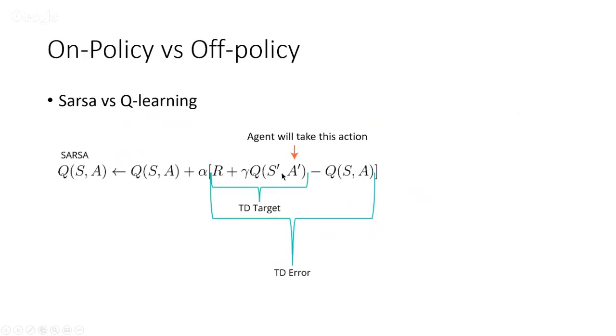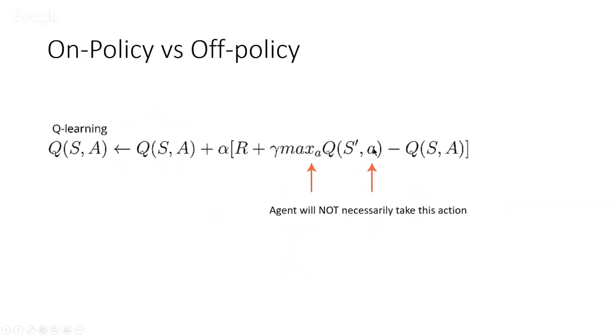But when it comes to off policy, you select an action to update your action value, but you might not necessarily take the same action. You might not take this action given the next state s'. You just chose this action based on the argmax greedy policy, just to update your action value, but you use the epsilon greedy policy to take an actual action.